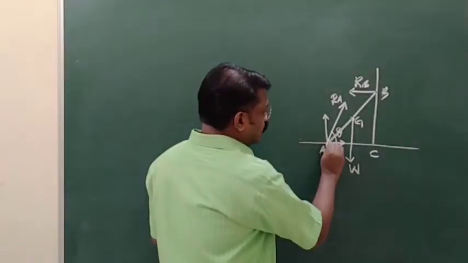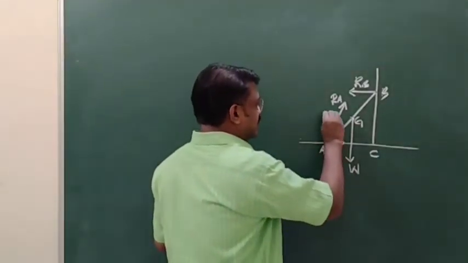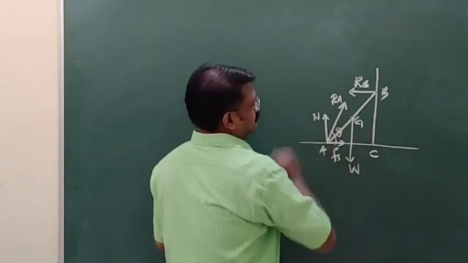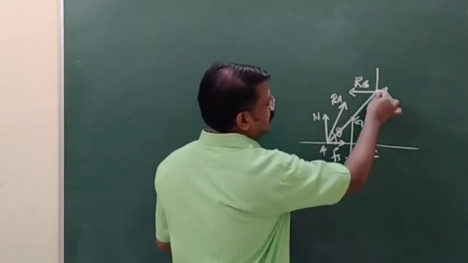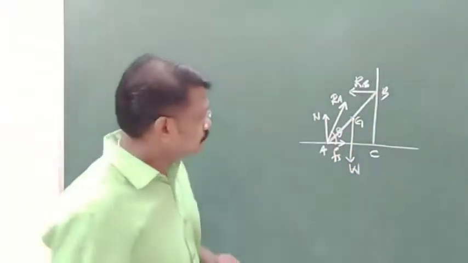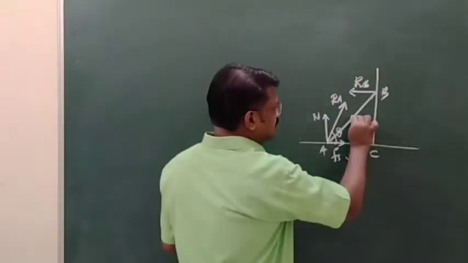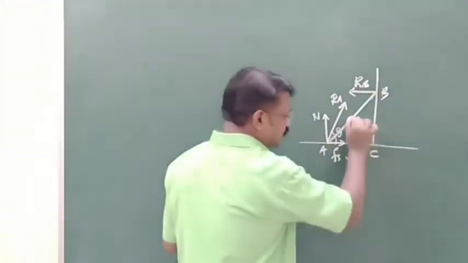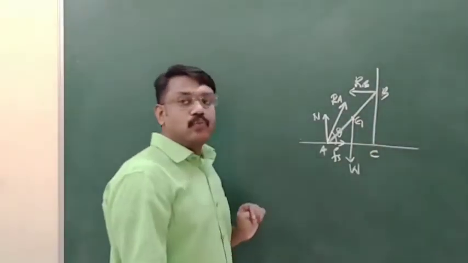Here you have a normal reaction acting in the upward direction, and here you get a reaction force RB from the wall, normal to the wall. Here G is the center of gravity, through which its weight acts in the downward direction.